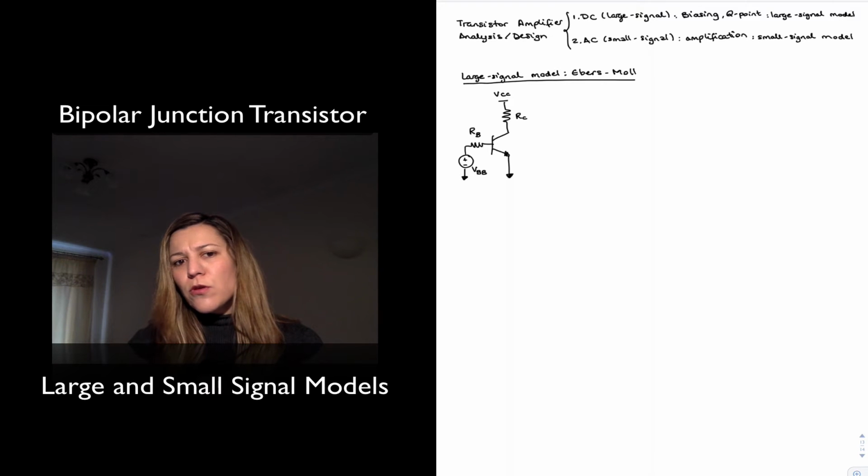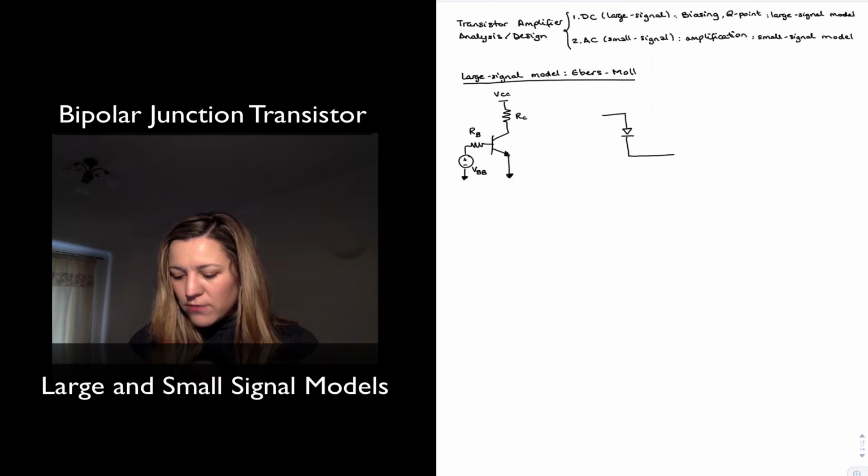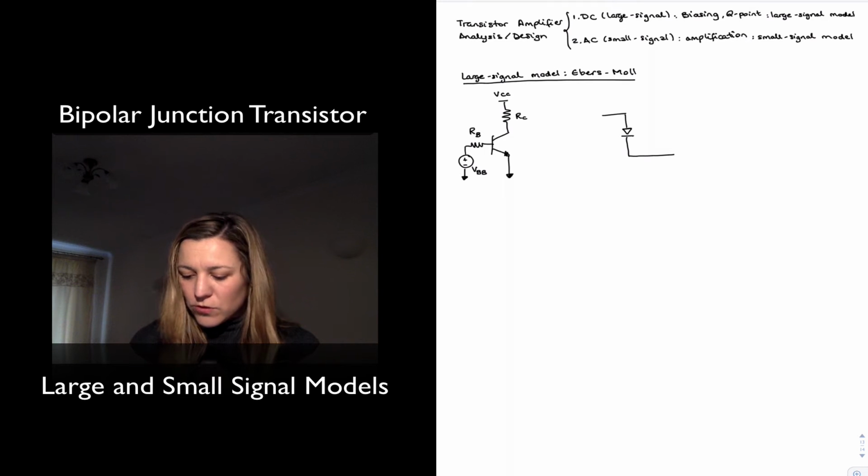And as we do that, we're going to replace the transistor with its DC equivalent circuit. And we'll see in a second what that is. So first, let's go for that. We're going to assume that the base to emitter junction is a forward bias diode. So this is our base. This is the emitter.